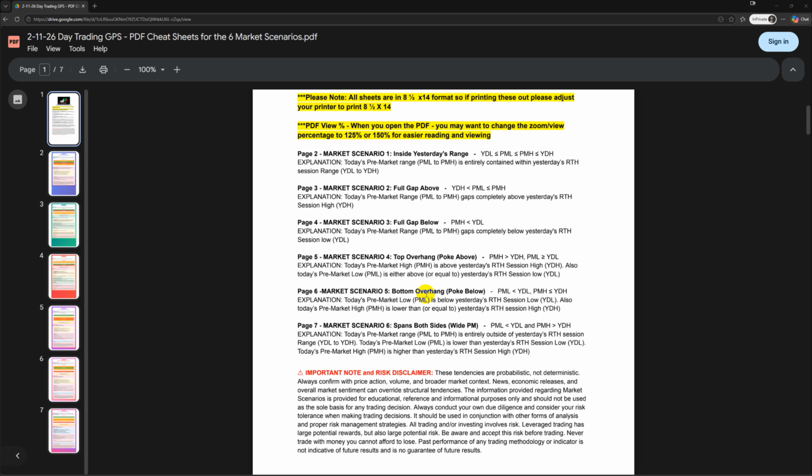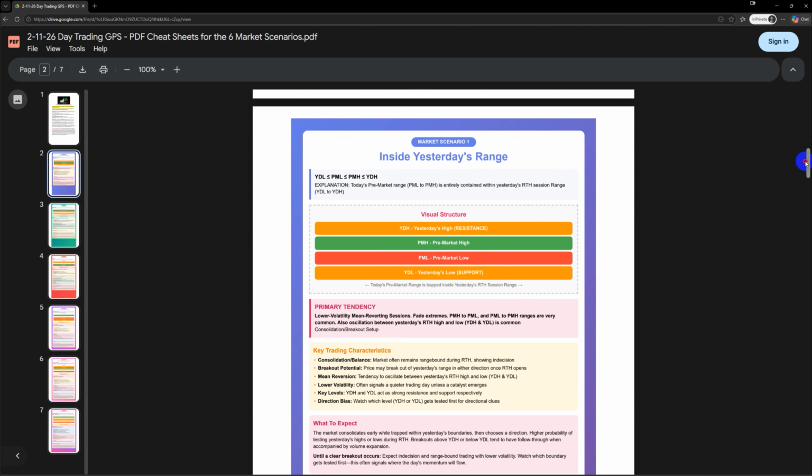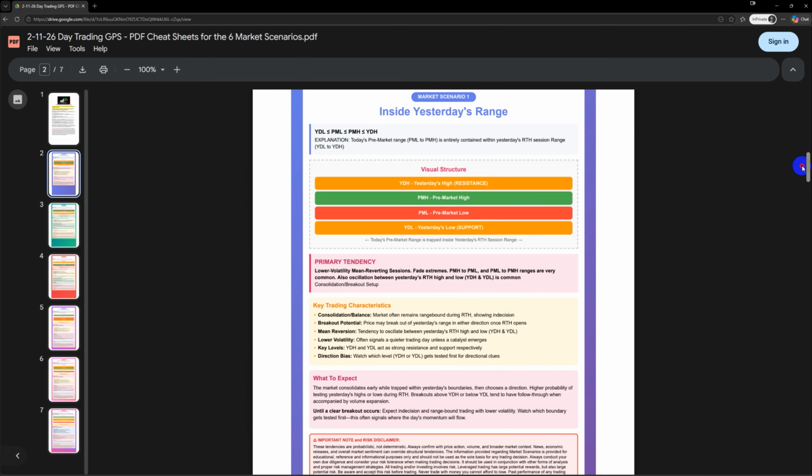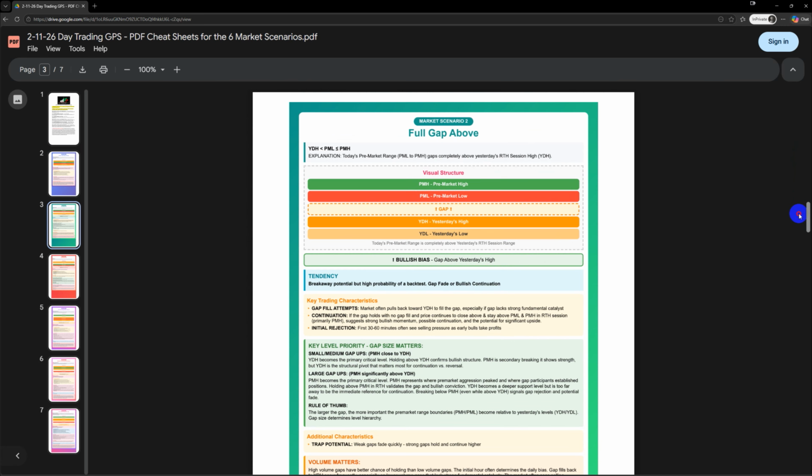Nothing is 100% in the market. However, these are the dominant tendencies and key trading characteristics of each market scenario. And it goes to each one: inside yesterday's range, full gap above, which actually means a true full gap above, where the entire pre-market high to pre-market low range is entirely above yesterday's daily high, not just the open.